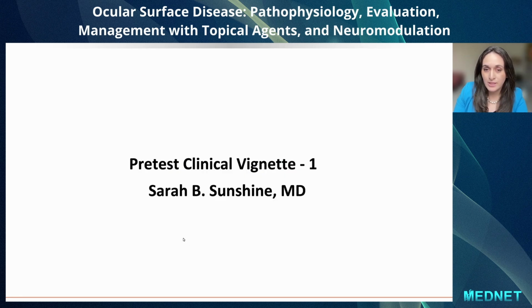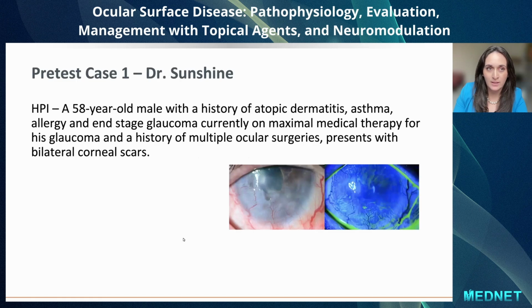So this is the pre-test question with the clinical vignette. The past medical history is a 58-year-old man with a history of atopic dermatitis, asthma, allergy, and end-stage glaucoma. He's currently on maximal medical therapy for his glaucoma and has a history of multiple ocular surgeries, including glaucoma surgeries, and he presents with bilateral corneal scars, which you can see here.